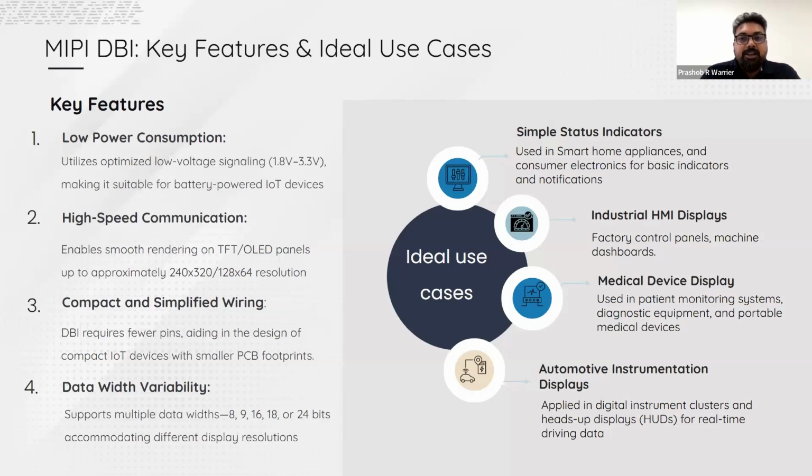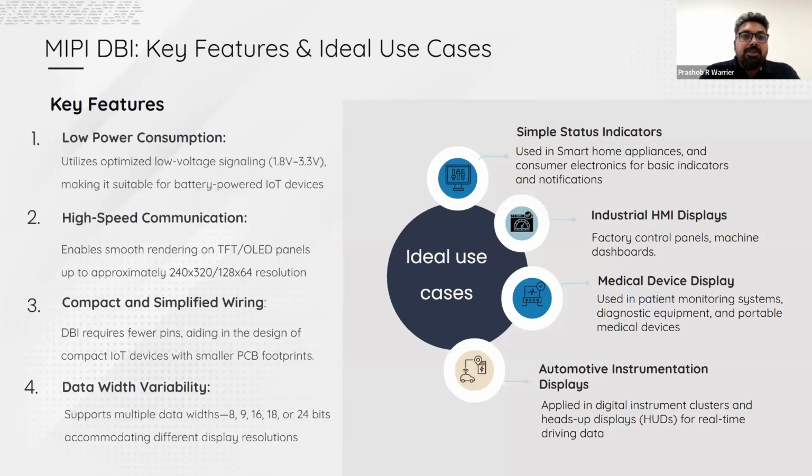But in the case of MIPI DBI, it requires very few pins, somewhere between 4 to 5 pins, to communicate with the display, which makes the design very compact and reduces the size of the overall PCB. It is an easy implementation for the application, and it supports multiple data widths of 8, 9, 16, 18, and 24 bits.